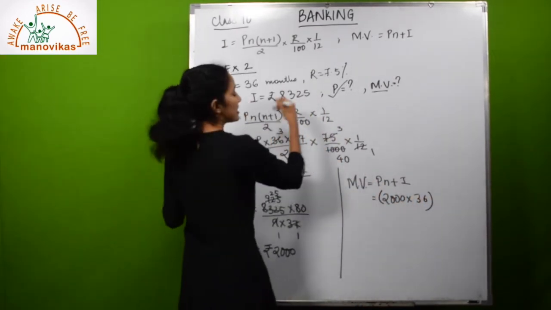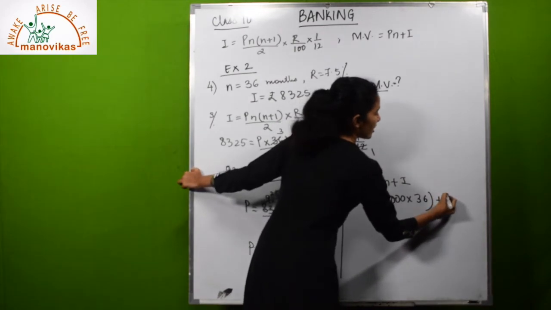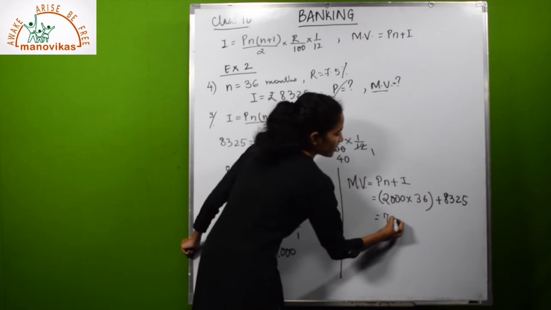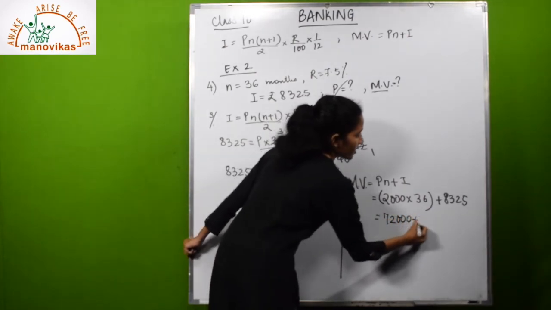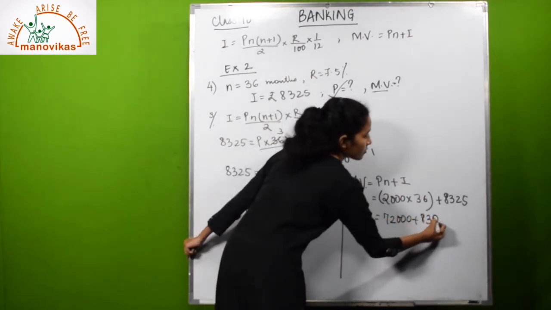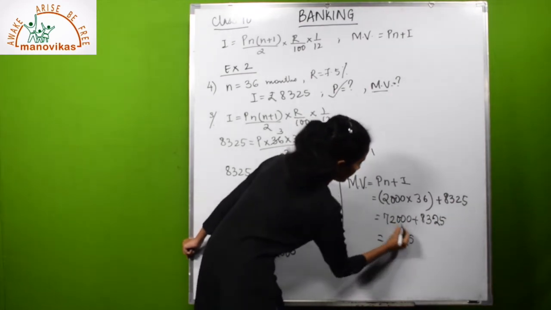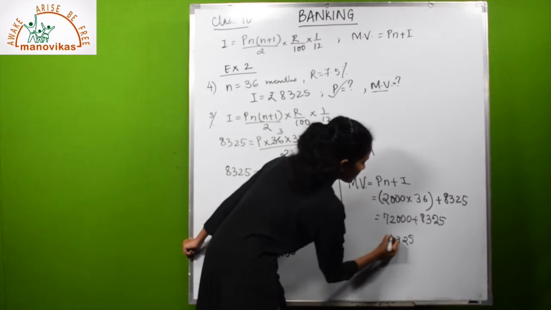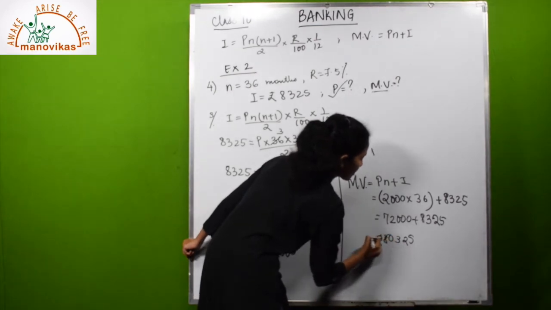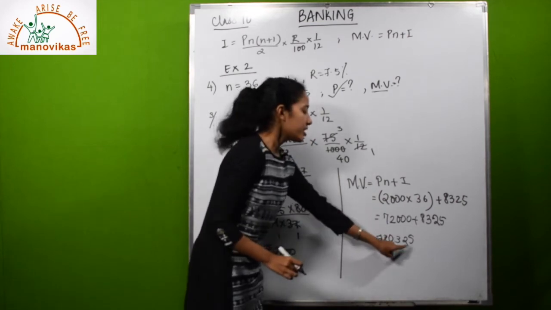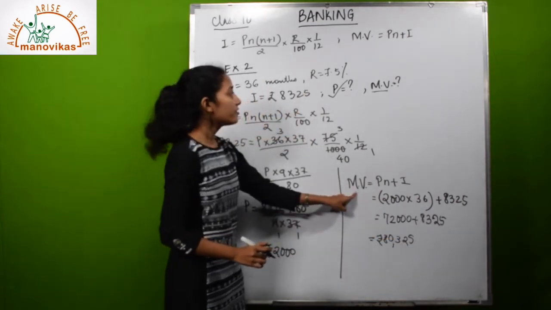And the interest is given to us, which is 8325. So this is 72,000 plus 8325, which will be 80,325. So rupees 80,325 will be the matured value.